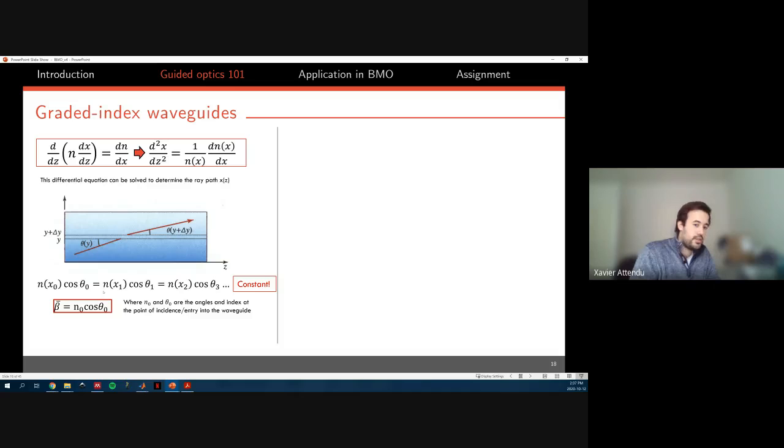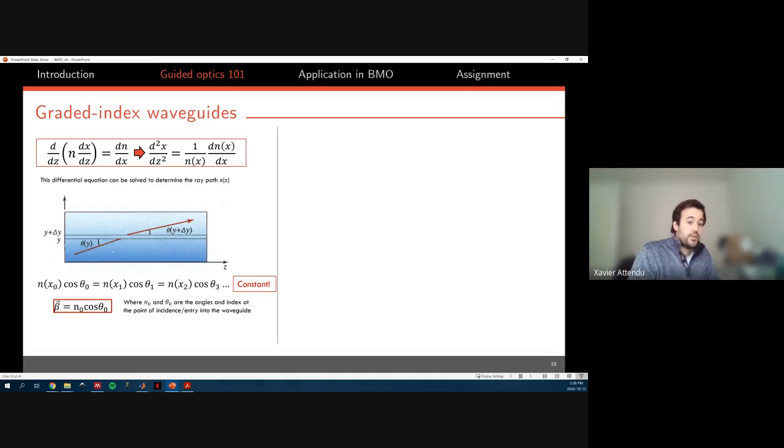Now, Snell's law says that that's going to be equal to the index at position 1 times the angle at position 1. And that is equal to the index at position 2 times the angle at position 2, and so on and so forth. And so what you see is that no matter where the ray of light is, this value, the index at that position multiplied by the angle at that position, is a constant. And that is the invariant in graded index optics.